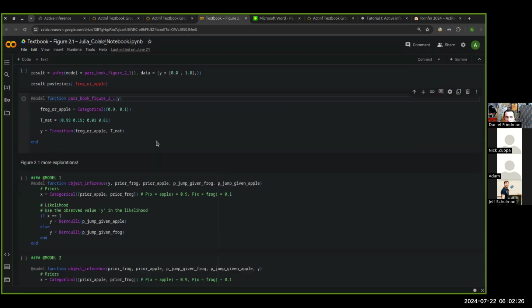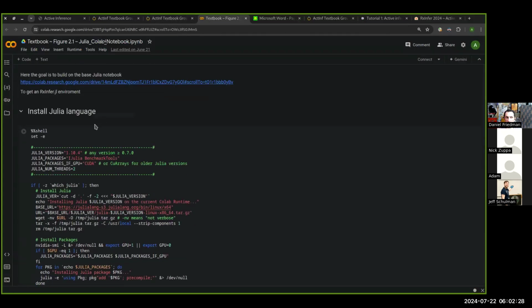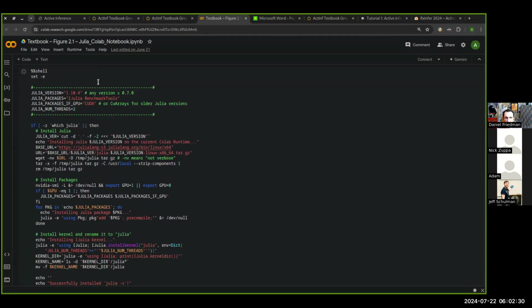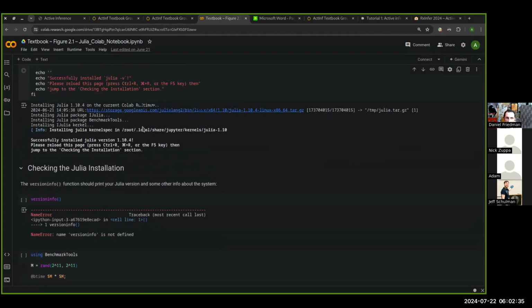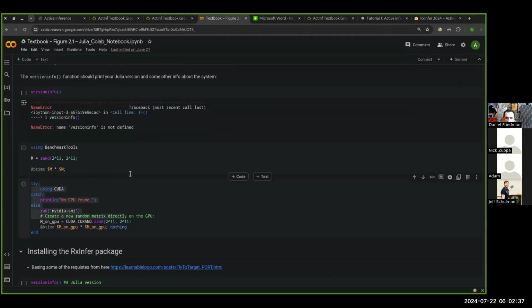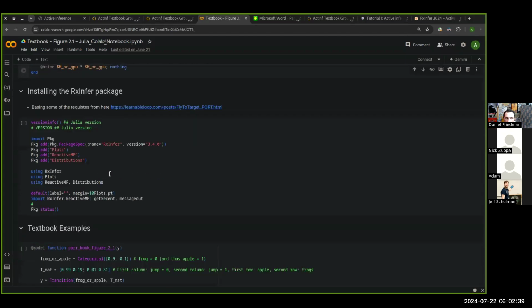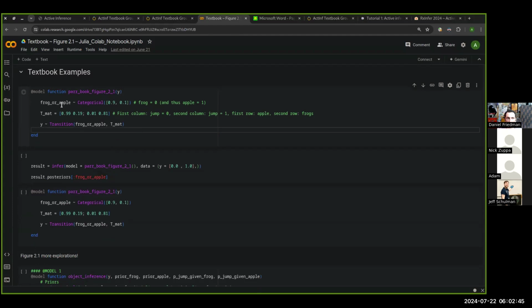And then this is what it looks like in ActInf. Just really briefly, here's installing Julia, which is not related to ActInf. Here's showing, okay, have we installed Julia? Here's installing the ActInf package and other needed tools. Frog or apple is a categorical distribution with 0.9 and 0.1.